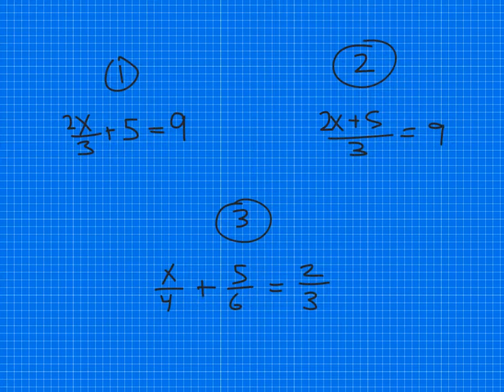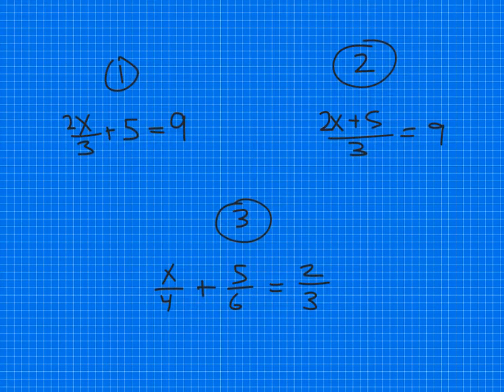So the first thing we want to point out is the difference between these three problems. In this first problem, there's a plus 5, as well as a divided by 3, just like in the second problem. The only difference is, in the first problem, the plus 5 is totally separate from that first fraction. It's three terms here, 2x over 3 plus 5 equals 9.